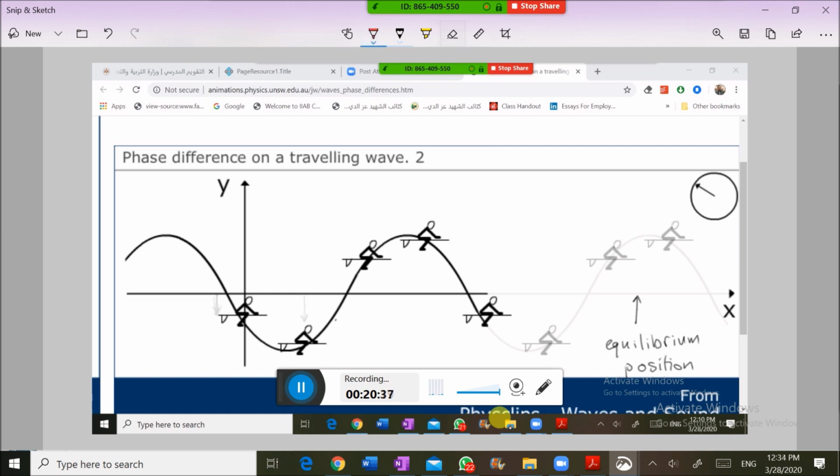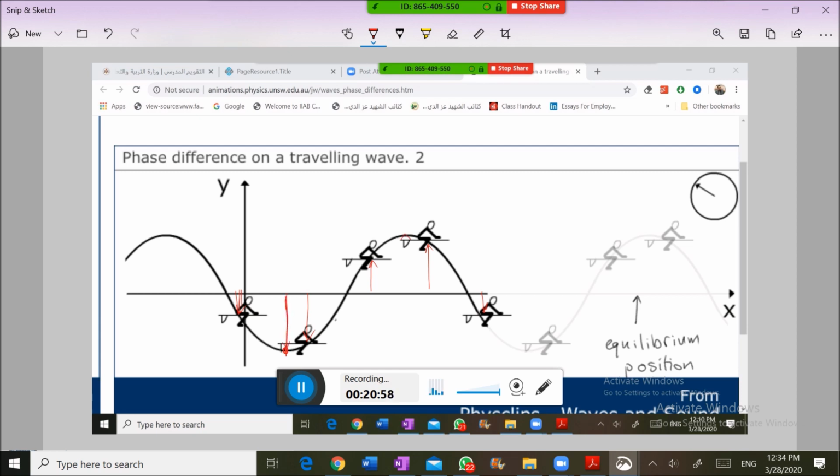This is the displacement of the first one. This is the displacement of the second one. Displacement of the third one. Displacement of the fourth one, and so on, guys. Clear? The maximum displacement, this position, is called amplitude.